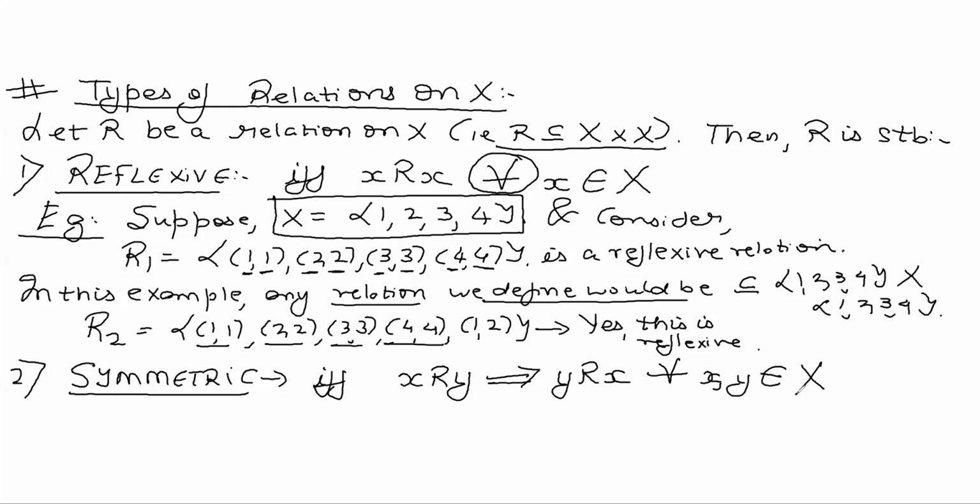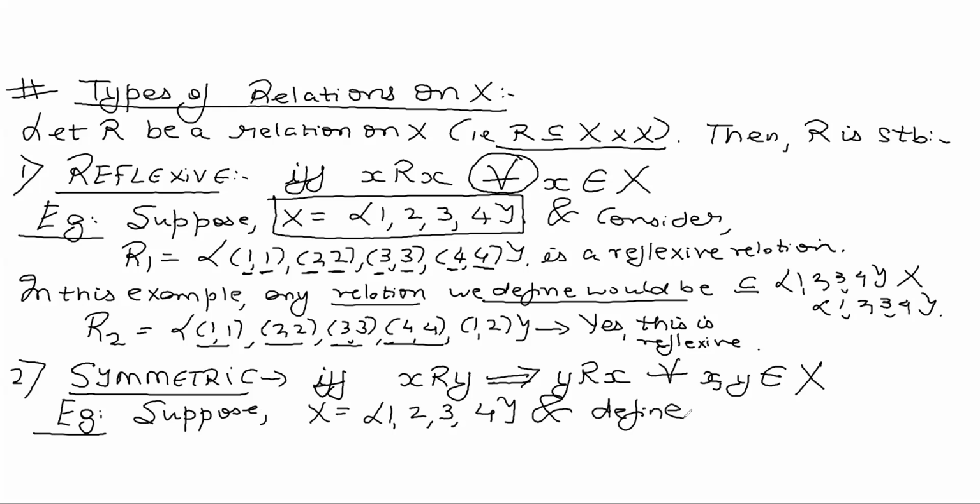Let's take the same example to understand this. Suppose X is equal to the set {1, 2, 3, 4} and define the relation R1 as (1, 1), (2, 2), (3, 3), (4, 4), (1, 2). Is R1 symmetric? First of all, is R1 reflexive?